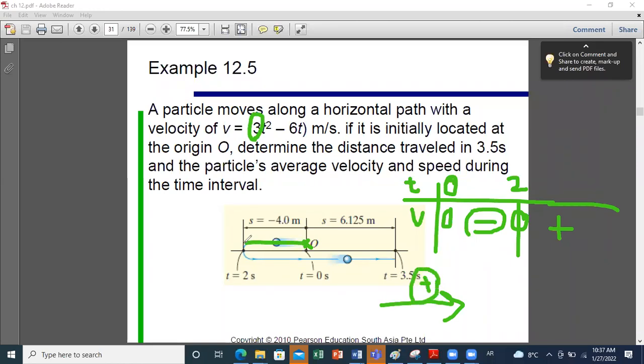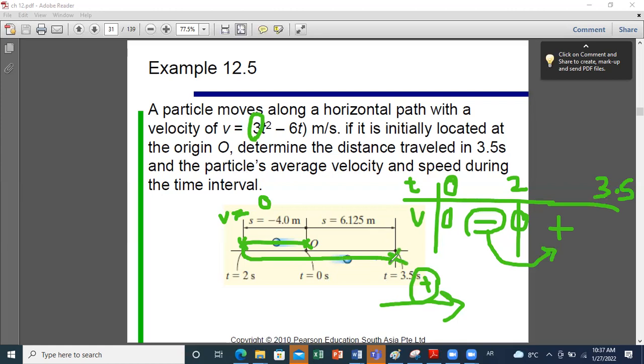My velocity will reach 0 again at t equal to 2 seconds, and will switch sign from minus to plus. This means that I change sense of motion. In the remaining time, between 2 and 3.5 seconds, I will move in the positive direction. So now I have an idea about the trajectory of motion.